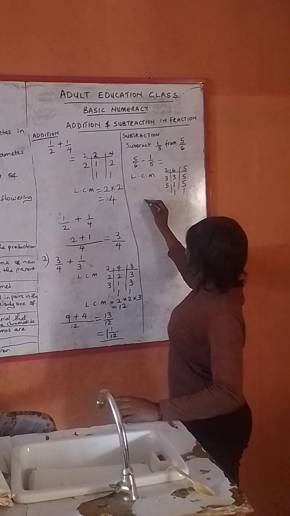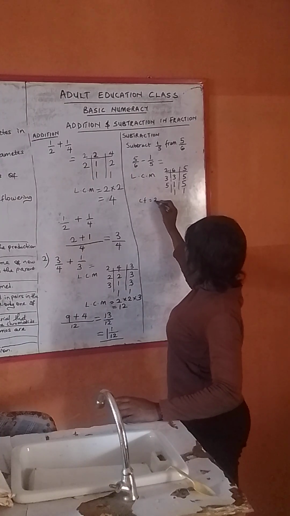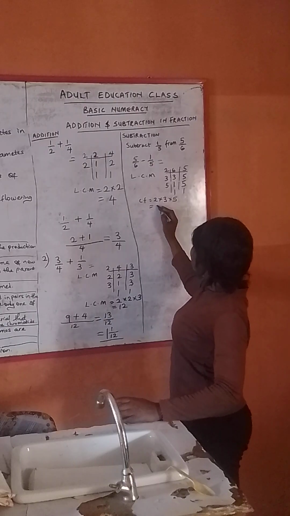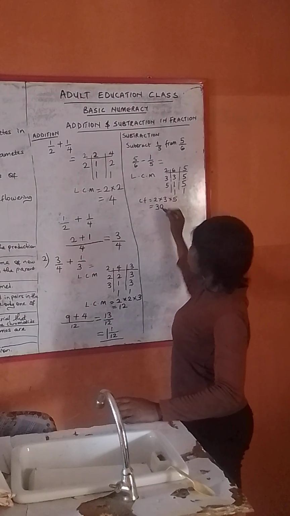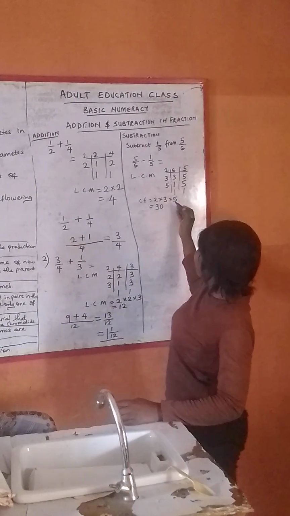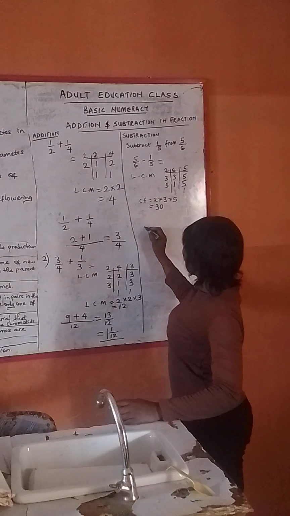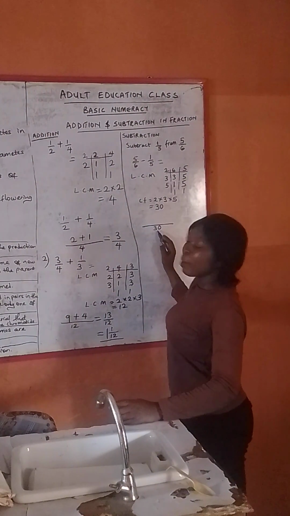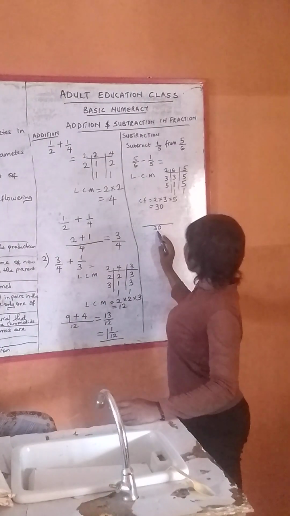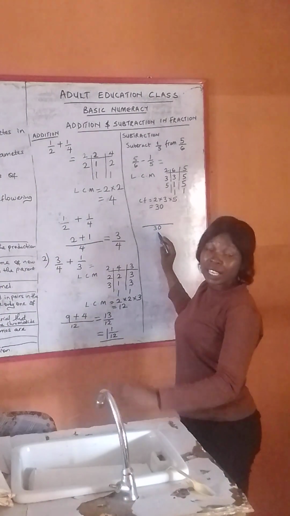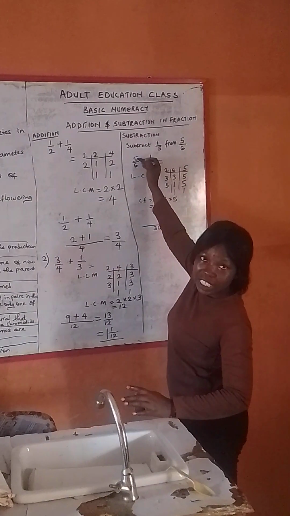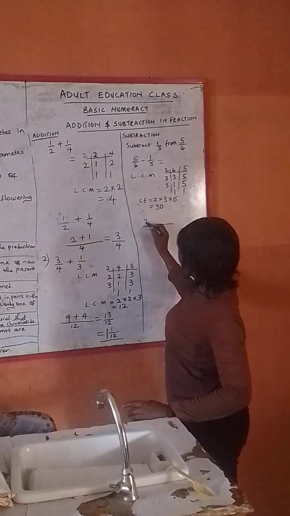Now, your common factor will be 2 times 3 times 5. And what is 2 times 3 times 5? That is 30. 2 times 3 is 6, and 6 times 5 is 30. Now you bring it down. How many times can 6 divide 30? 6 can divide 30 in 5 times. The 5 multiplied by 5 that is here will be 25.